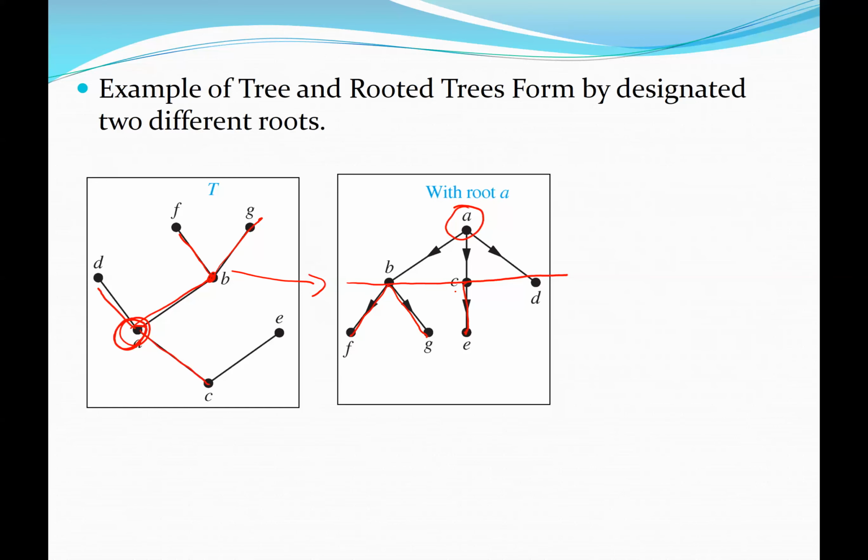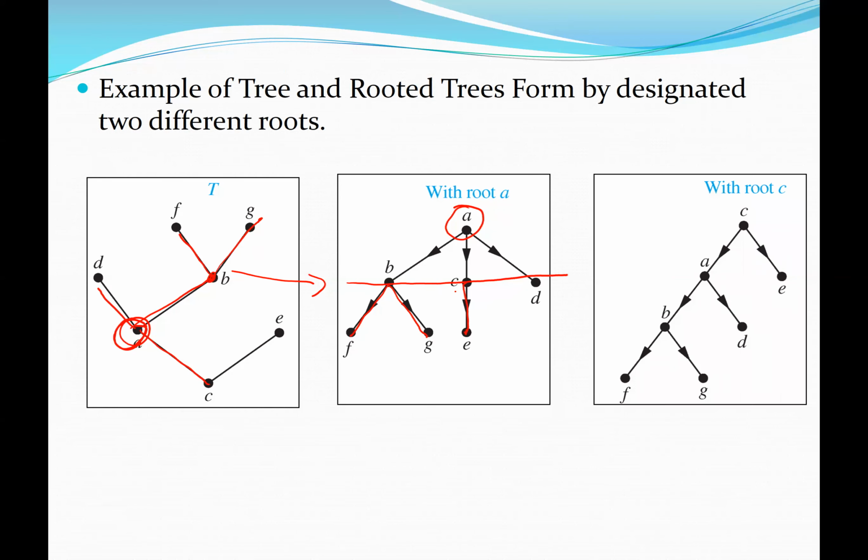Now, if you pick another one to be the root, let's say we pick root C. Let me erase the original one so you can see. What are the neighbors of C? C has A and E as neighbors. C goes to A and C goes to E, and E stops right there.